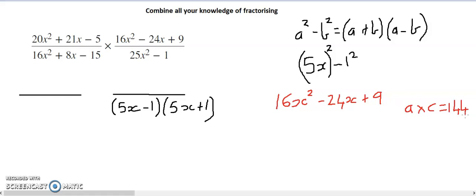So I know I can get 2 times 72. I can get 36 times 4. So this is about using a calculator and just checking what you can do. I can get 24 and 6.